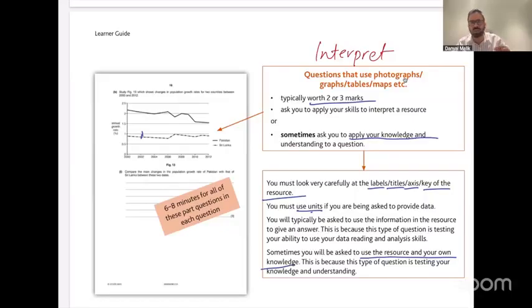The source can be a graph of a crop, graph of fishing, graph of population, or a map of limestone distribution, a map of cotton growing areas, a map of population density. So a map of anything.